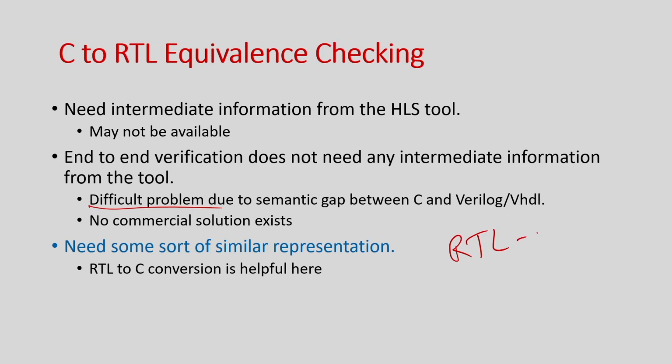So, the FSMD equivalence checking method I just defined cannot be directly applied, because you cannot compare a model of Verilog versus a model of C, as their execution patterns are different. So, what is the way out? Fortunately, in the last class we discussed an RTL to C converter, right. That we have already discussed.